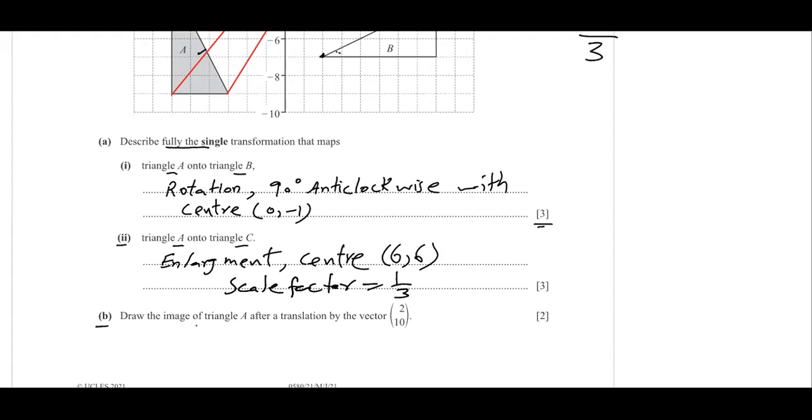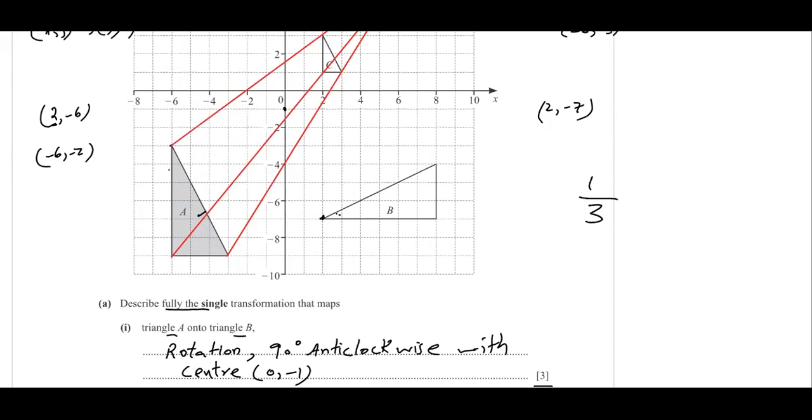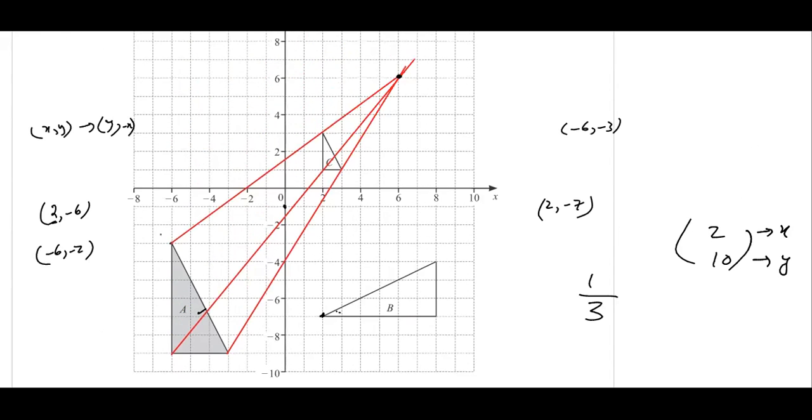Next, part B is draw the image of A after translation by vector 2, 10. Now you have to translate it by the vector 2, 10. So how do we translate? This tells us about the X shifting. This tells us about the Y shifting. For example, each one, this one, 1, 2, then 10 toward Y: 1, 2, 3, 4, 5, 6, 7, 8, 9, 10.